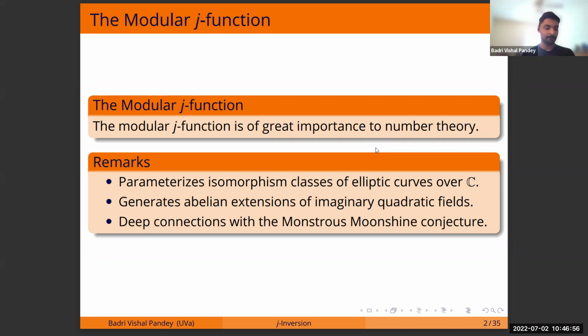And what the monster moonshine conjecture gives you is an unexpected connection between the monster group and the J function. It is due to an observation of Conway and Norton that when you write the J function as a Fourier expansion, its coefficients encode the graded dimension of the infinite dimensional graded algebra of the monster group.